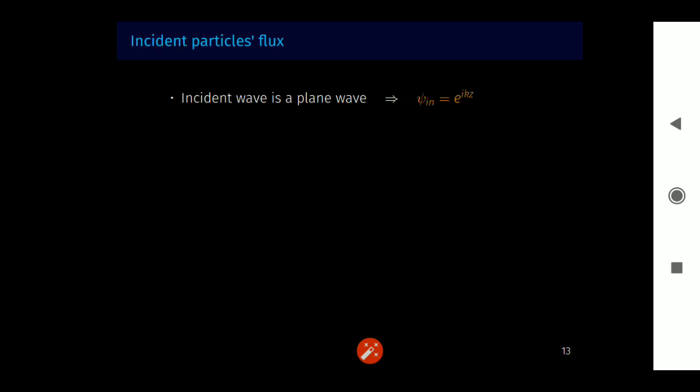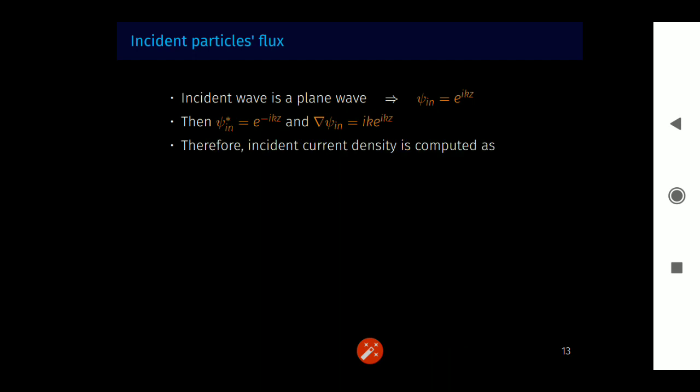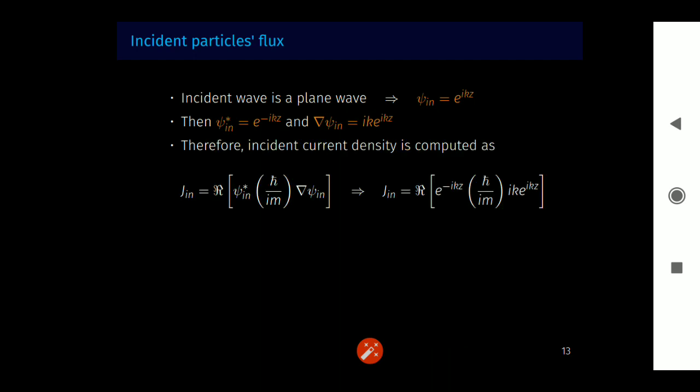Incident particle flux. The incident wave is a plane wave, represented by e to the power ikz, its complex conjugate is e to the power minus ikz, and its gradient is ik times e to the power ikz. Using that, one can determine the probability current density of the incident wave with this expression.